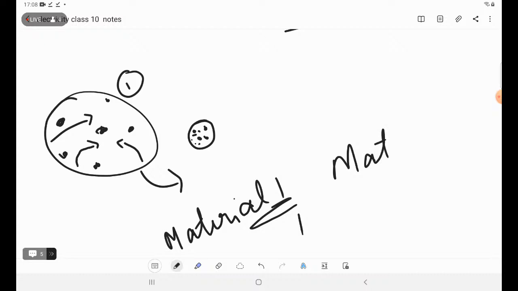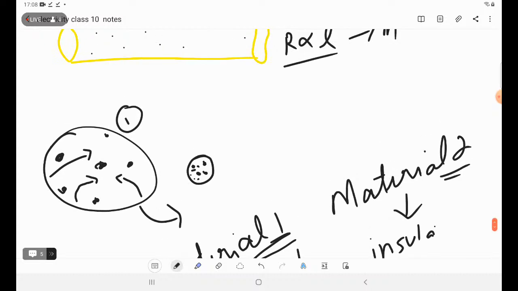But in material 2, there's a lot of resistance in them. So this is an insulator. So the resistivity depends on the nature of the materials that are used. We got the formula R is equal to rho L by A.